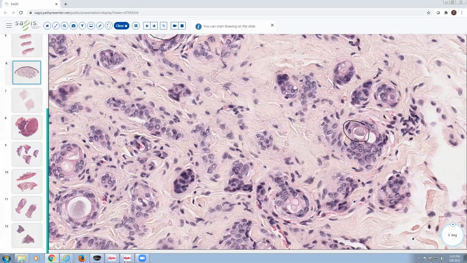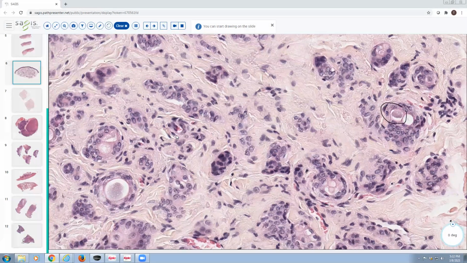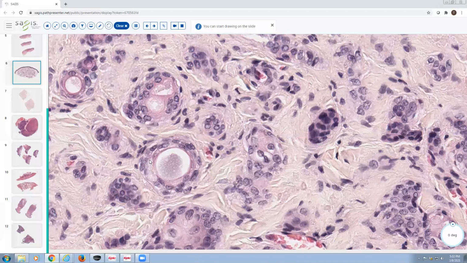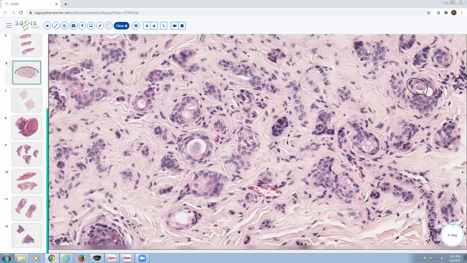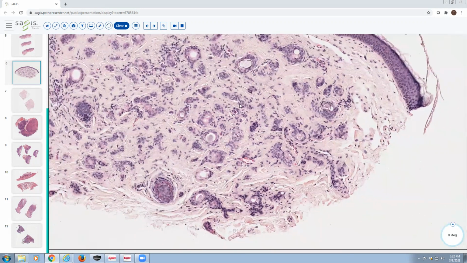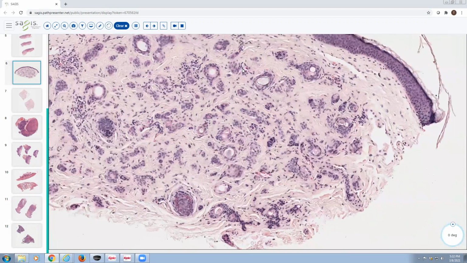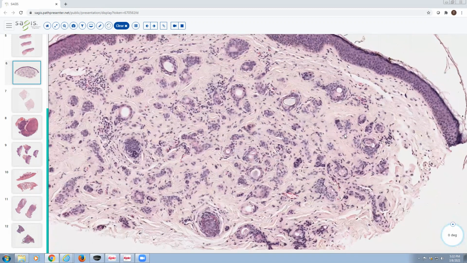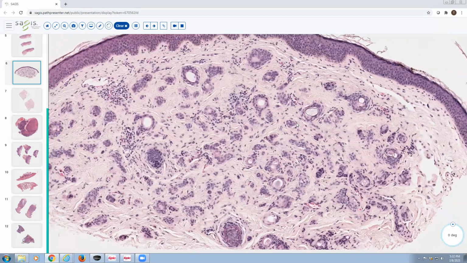Okay, the eccrine ducts also have a little bit more clear cytoplasm. So here's an eccrine duct. It's got that gray spongy material. Then you've got this layer of cuboidal cells around it with a little bit more pale or clear cytoplasm here. So that is typical of eccrine differentiation. So you've got eccrine ducts with these little tails of epithelium situated in a cellular and collagenous stroma.